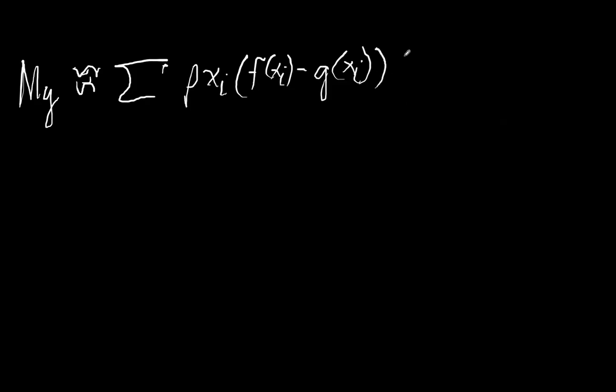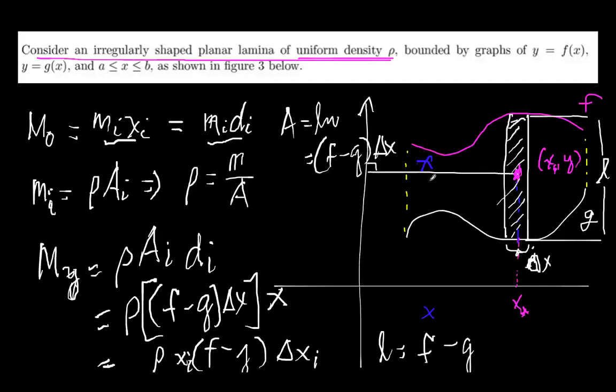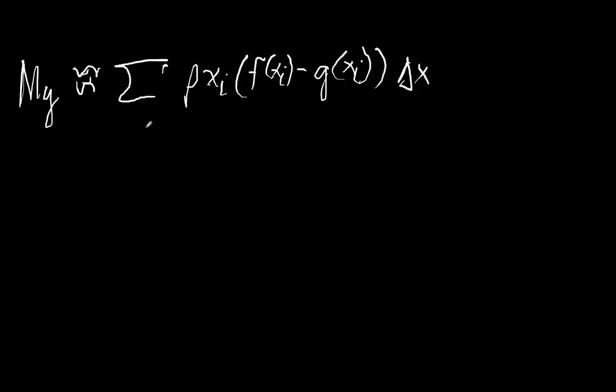So that's the summation of the density times x sub i times f of x sub i minus g of x sub i, and then the delta x, correct? So this is now, guys, the sum of all the moments that we could draw from the lamina here. So we could draw n number of rectangles here. So this is now the representation.